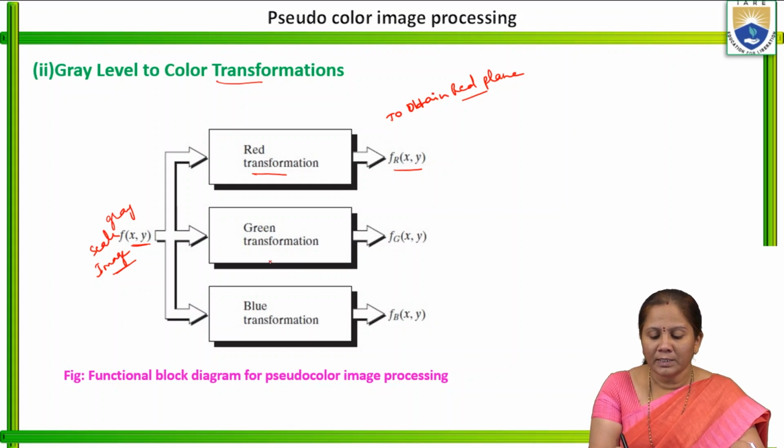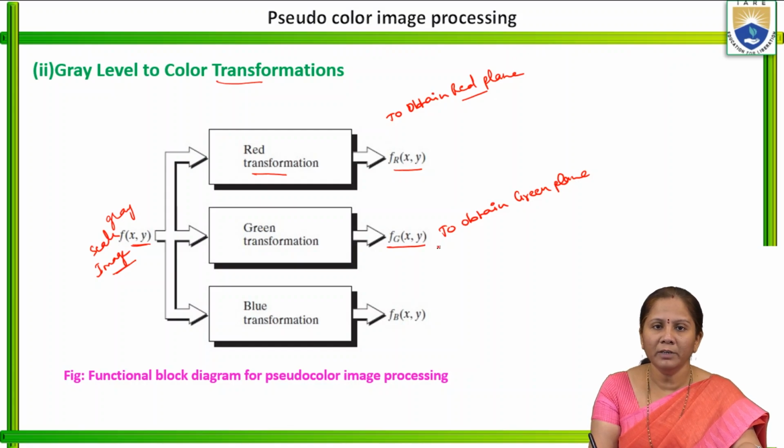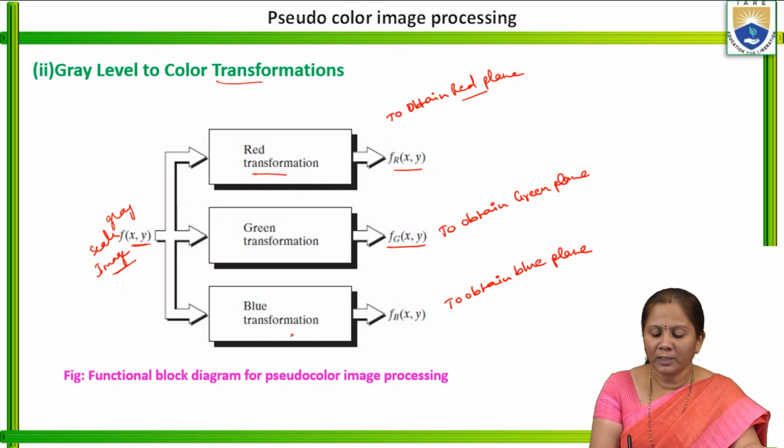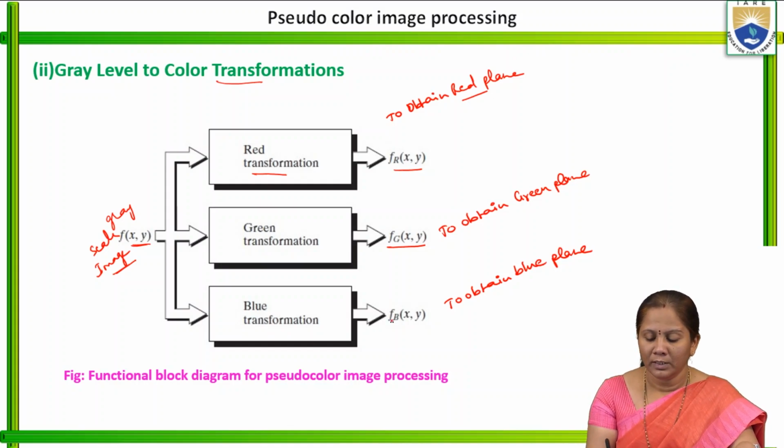If this grayscale image is passed through the green transformation, we can obtain the green plane, and it is represented as fg of x comma y. This g represents green. The third is the blue transformation: to obtain the blue plane, this grayscale image should be passed through the blue transformation, then fb of x comma y can be obtained.